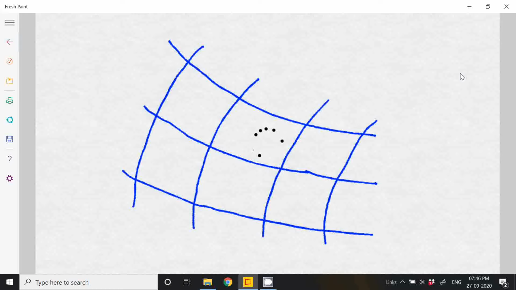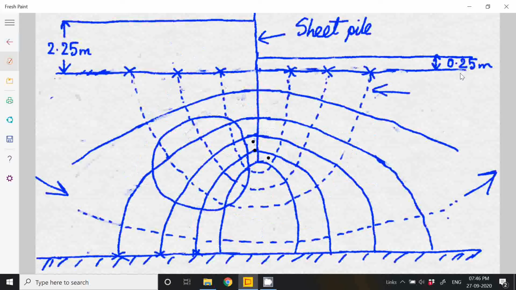I'm just drawing a macroscopic version. Just see this figure. This is a macroscopic version.